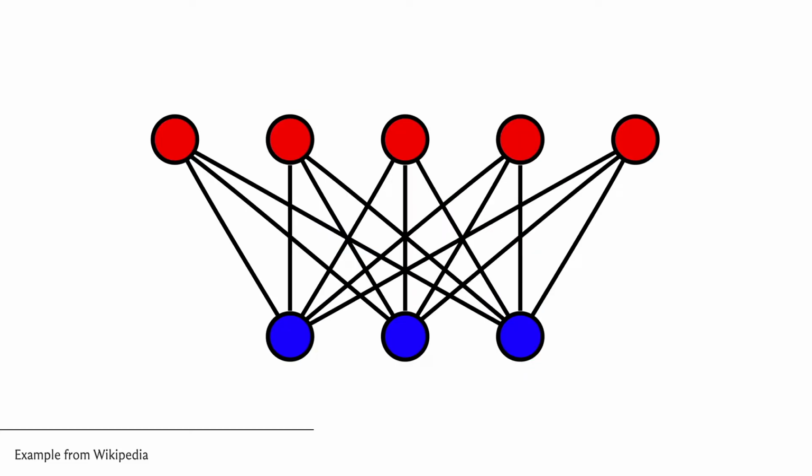Here is an example of what is called a complete bipartite graph, which basically means that you have the two parts and you have all possible edges between these two parts. Now let's say that the two parts of a bipartite graph have A and B many vertices. So let's say that small a denotes the number of vertices in one of the parts, and small b denotes the number of vertices in the other part.